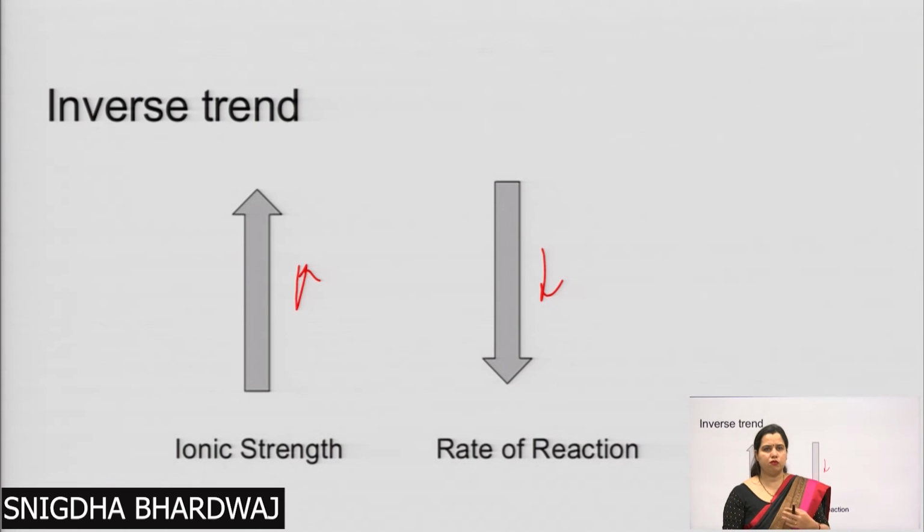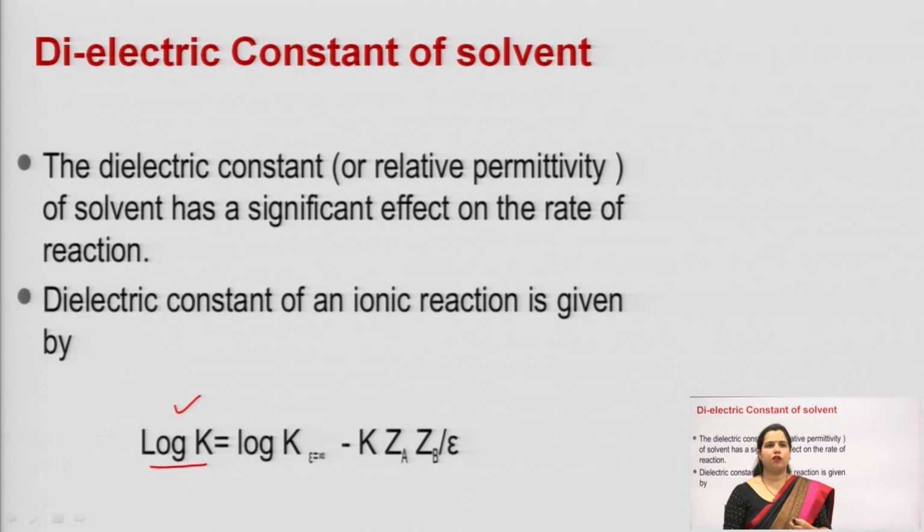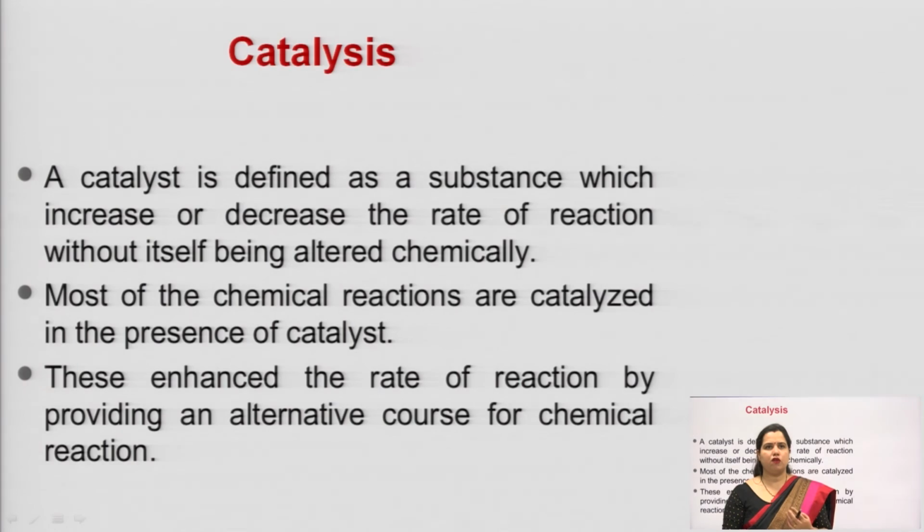Ionic strength has an inverse effect on the rate of reaction. For the dielectric constant, opposite charges will give a higher rate of reaction, and similar charges will give a reduced rate of reaction. Catalysis always promotes the rate of reaction. So, these are several factors.